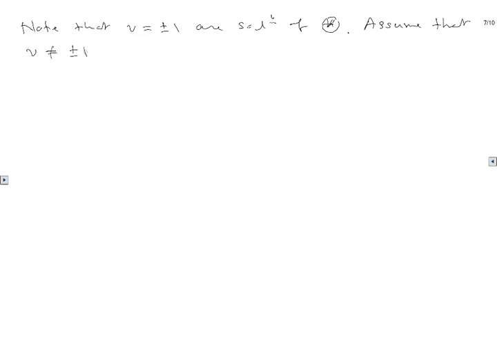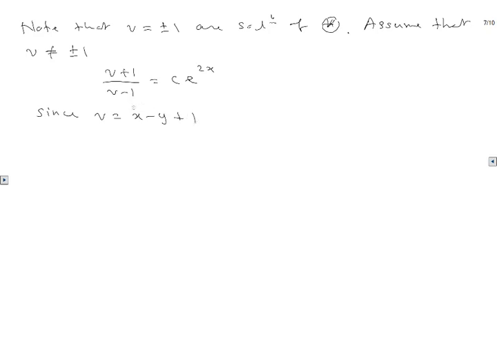If v is not equal to plus or minus 1, then we can write this equation, v plus 1 over v minus 1 equals c e to the 2x. Now we solve for v. We can substitute x and y: since v equals x minus y plus 1, that was the substitution, now we substitute back here.